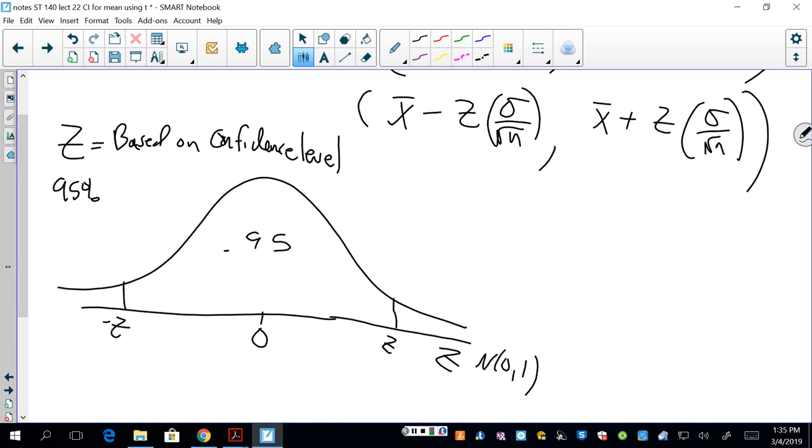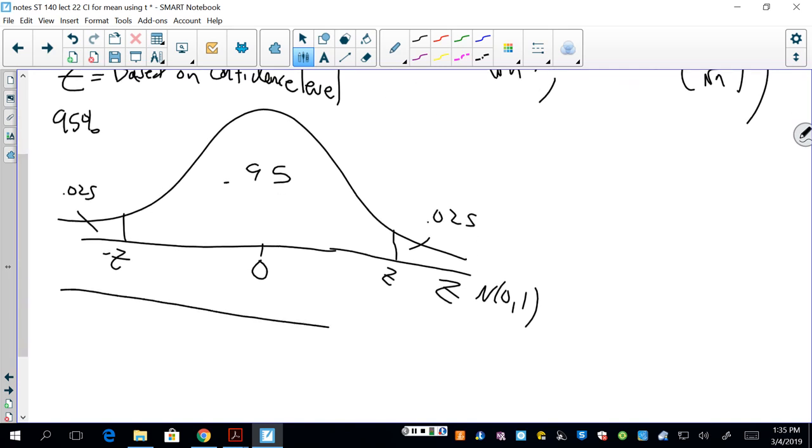So if we have 95%, what's left in the tail areas? 5% total, 2.5%, 0.025 in each one. And so the z-value we're looking at is not the 95th percentile, but the 97.5th percentile. And under our normal curve, that turns out to be 1.96.